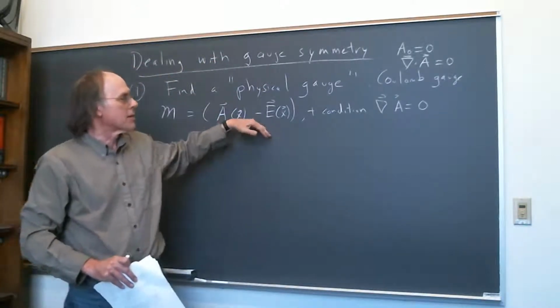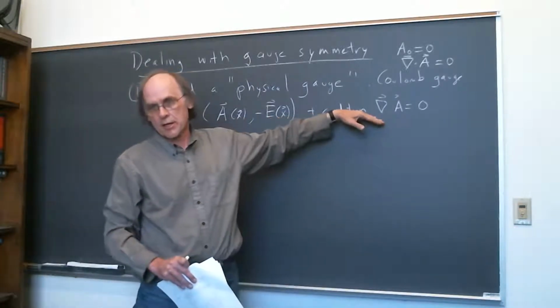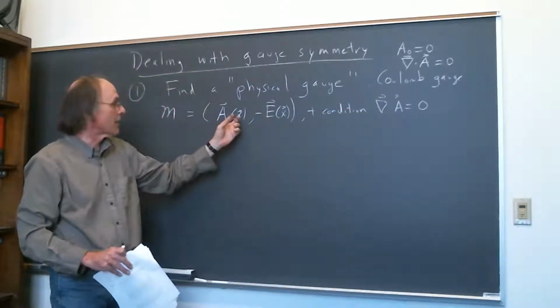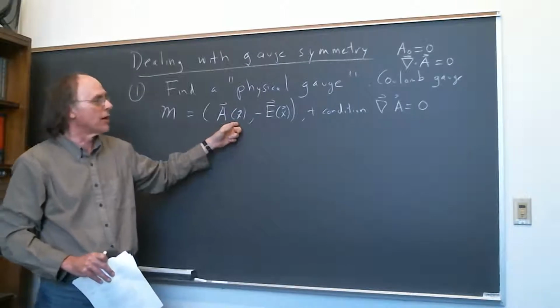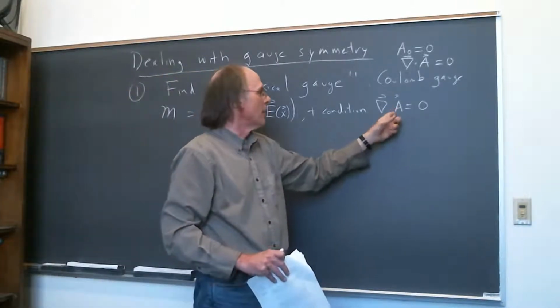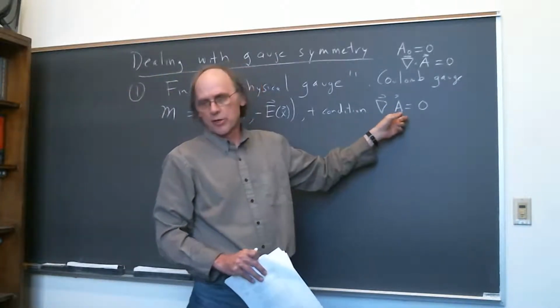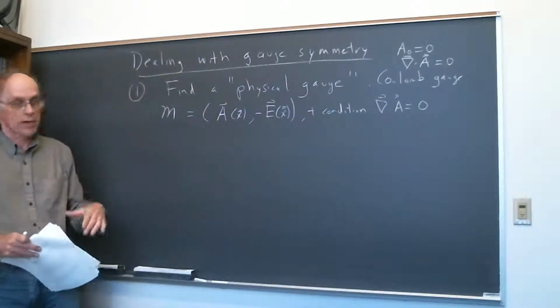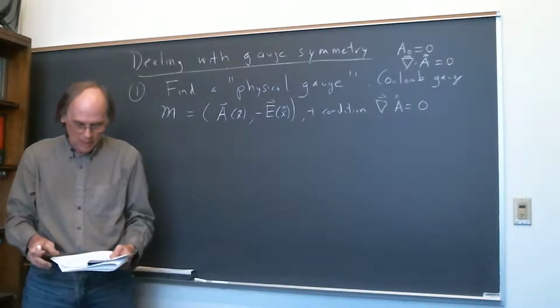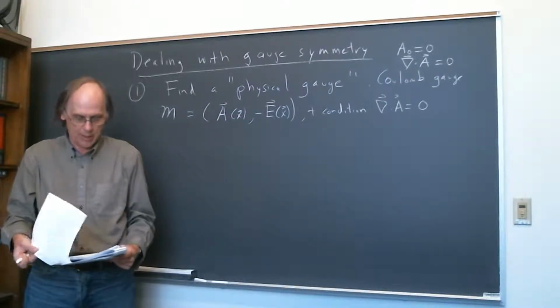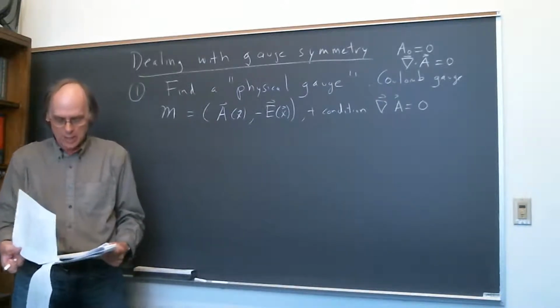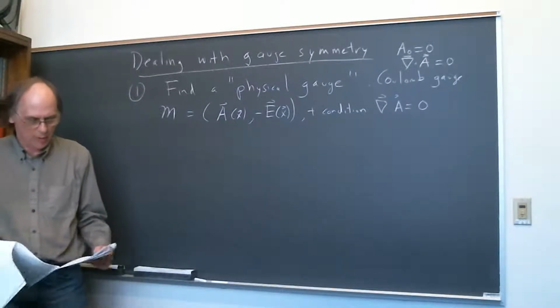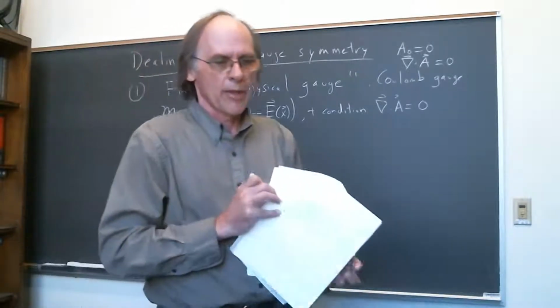So instead of having 3 degrees of freedom at each space-time point, this cuts it down to 2 degrees of freedom at each space-time point. And these 2 degrees of freedom correspond to the two different polarizations of the photon.